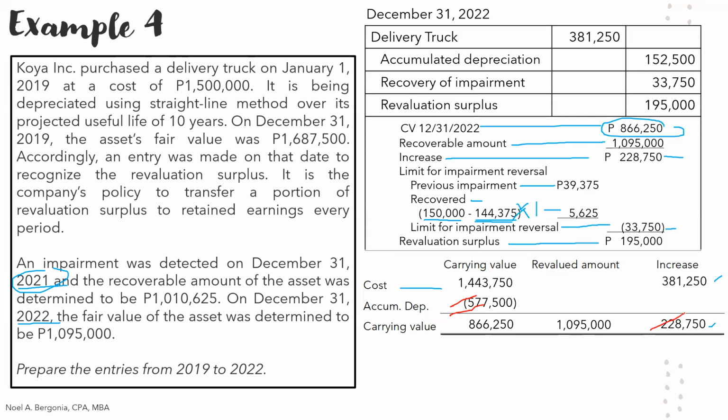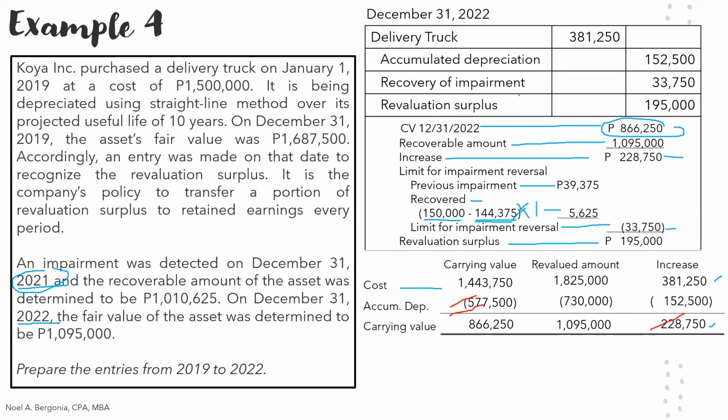So the proportionate increase in our accumulated depreciation was 152,500. So to complete this, the cost revalued amount would be 1,825,000 na po. And the revised accumulated depreciation was 730,000 after applying the entry for the revaluation or the increase, okay, in 2022.